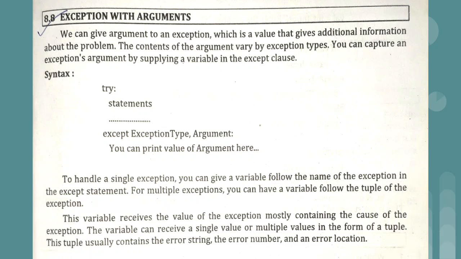You can capture an exception's argument by supplying a variable in the except clause. Means along with the except, after that we will provide the type of exception like divide by 0, and after that we will be having argument, and that particular argument is nothing but a variable we will pass as a parameter, and the value of that particular variable we can display.